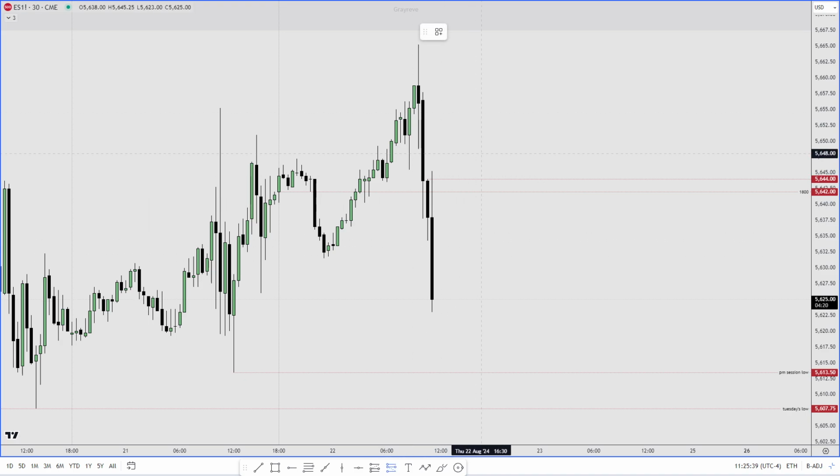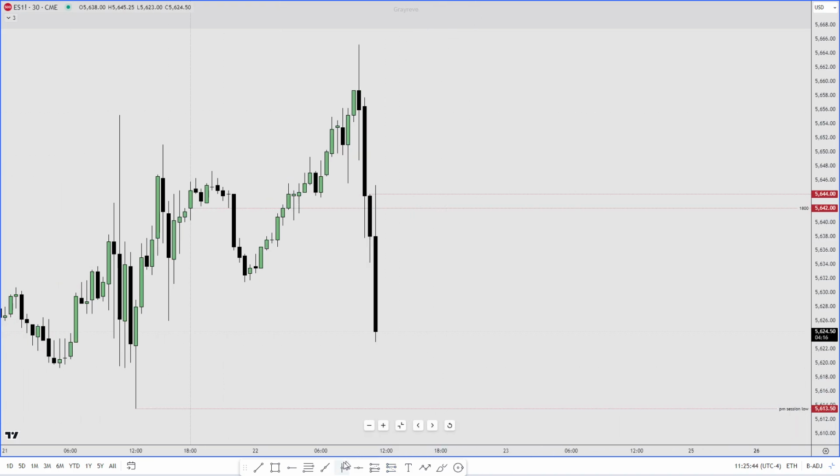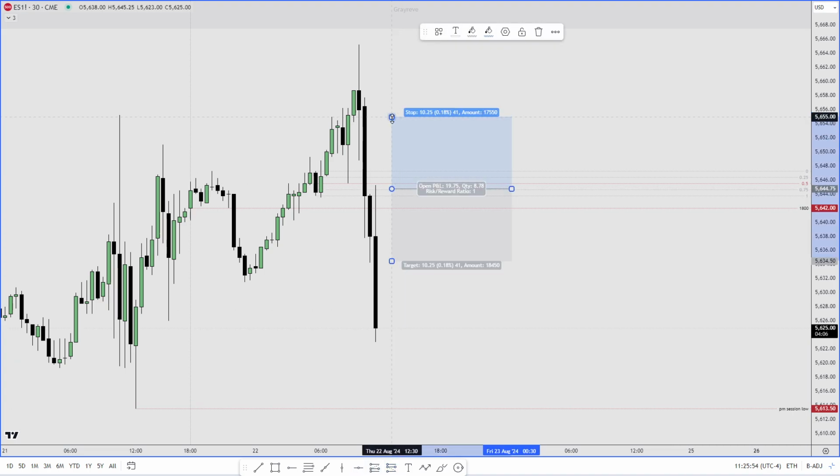What would be the risk to reward if you were to use this as the entry? 25%. Your stop has to be above this, at this level here, looking for this.